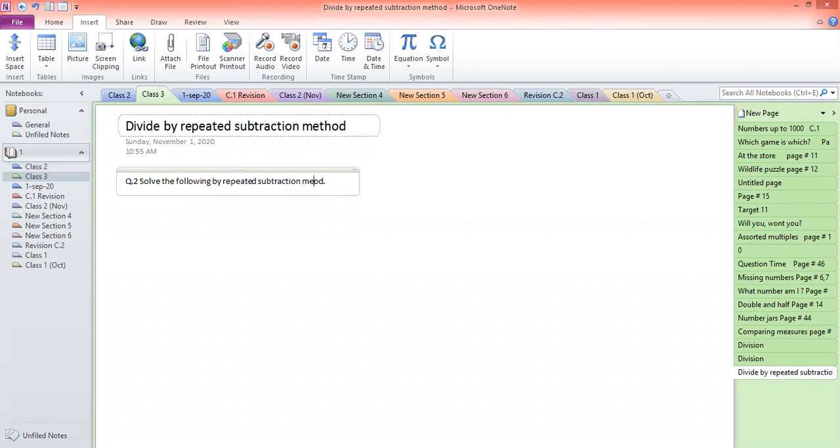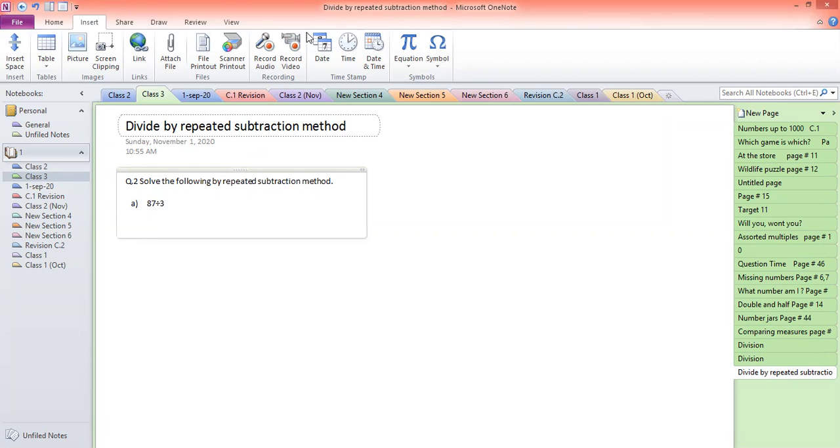Again, question number 1, a is 87 divided by 3. I will write the same question here, 87 divided by 3.